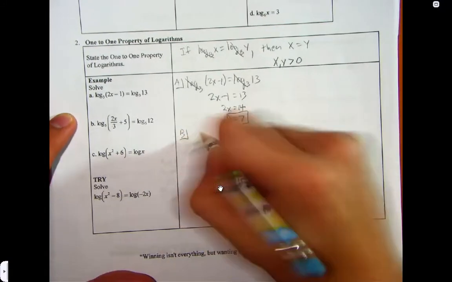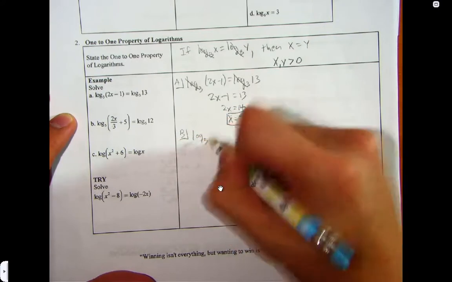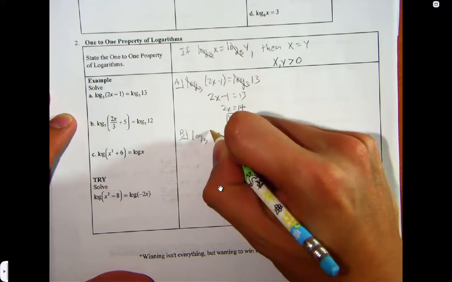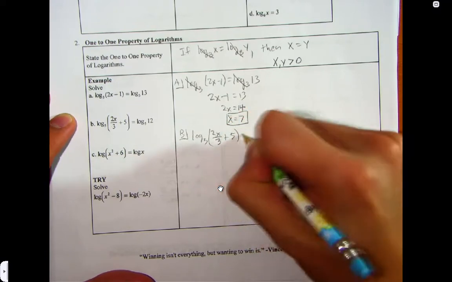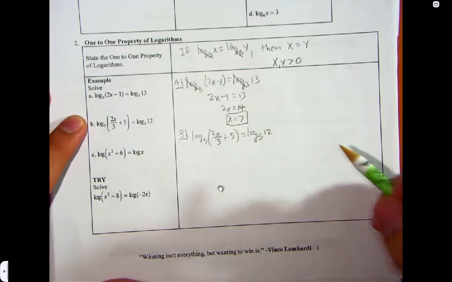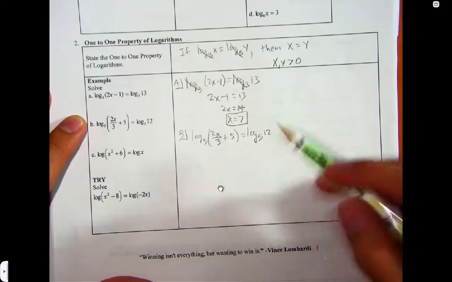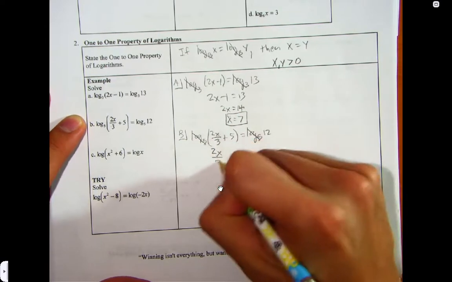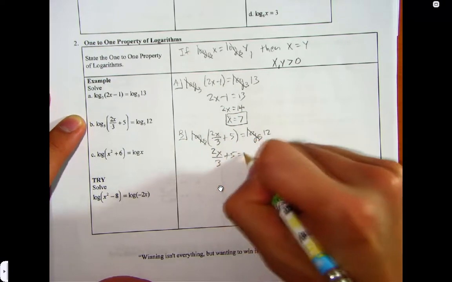B, log base 5 of 2x over 3 plus 5 is equal to log base 5 of 12. There's a log on the left side and a log on the right side. It's 1 to 1. These cross out. So it'll be 2x over 3 plus 5 equals 12.